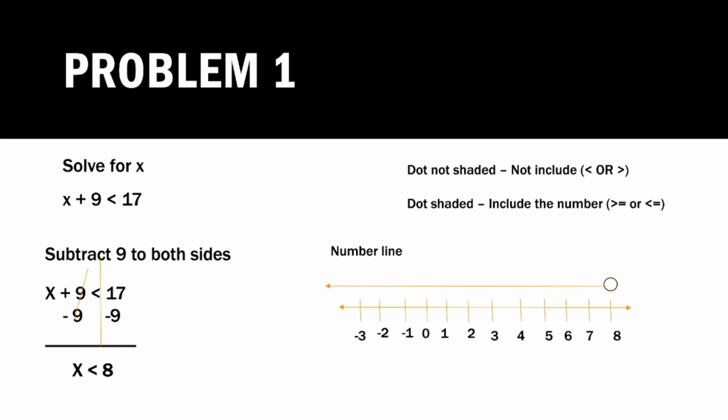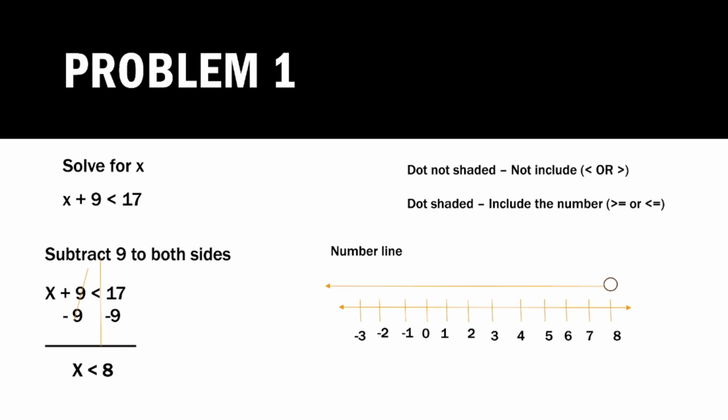You can see that the arrow is pointing to the left side. Any numbers that are on the left side of 8, or smaller than 8, are the numbers that would make this inequality true. Like you could say 6 is less than 8, that's true. 3 is less than 8, that's true. And so on and so forth.